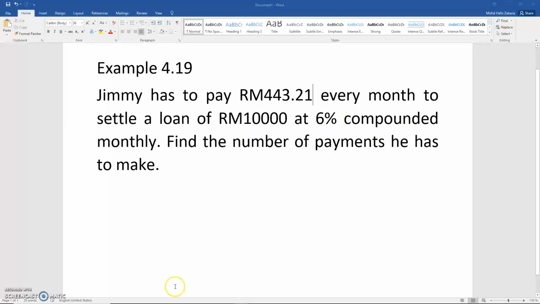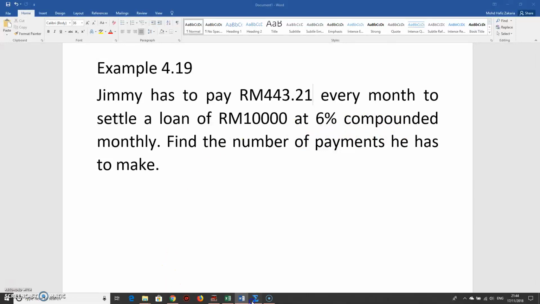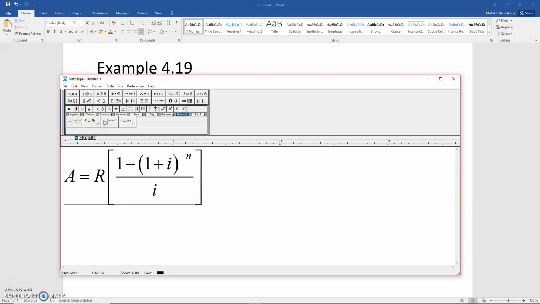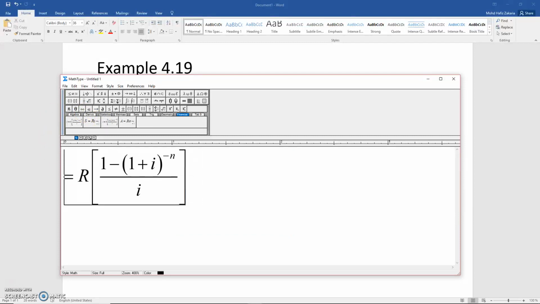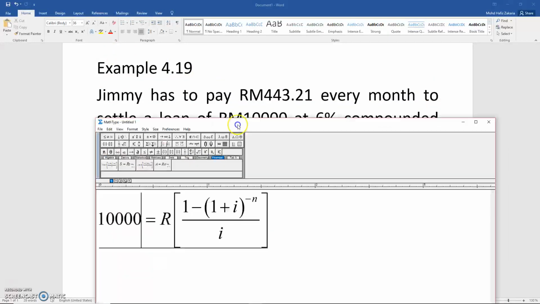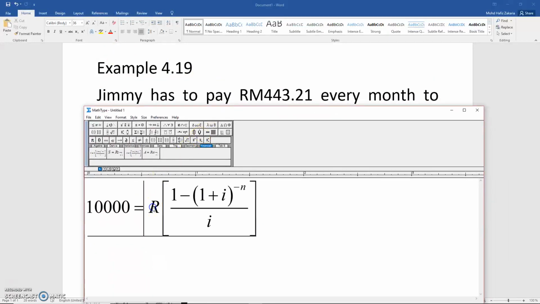So to answer this, we'll need to use the present value formula, because we have the present value of 10,000. So 10,000, and the monthly payment is 443.21.